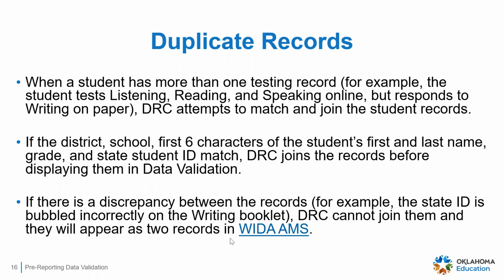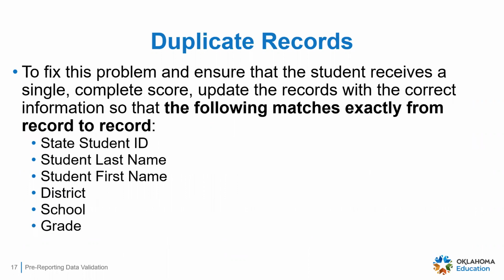But if there's a discrepancy between the records, for example, the state student ID number is bubbled incorrectly on the writing booklet, so maybe it's off by a digit, those cannot be joined, and it will appear as 2 different records in WIDA AMS. So to fix this problem, you'll want to ensure that the student receives a single and complete score, update the records with the correct information.